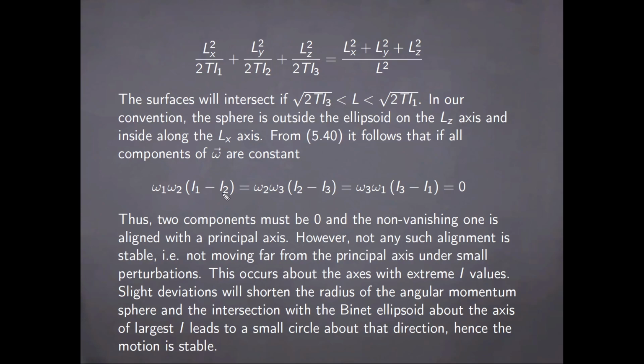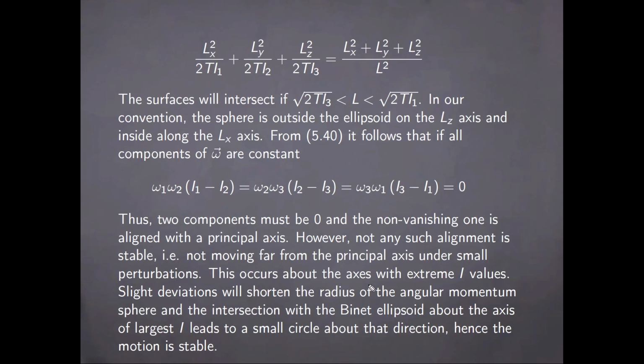So two components must be zero, and the non-vanishing one is aligned with a principal axis. However, not any such alignment is stable. That is, not any such alignment will remain near the principal axis under small perturbations.